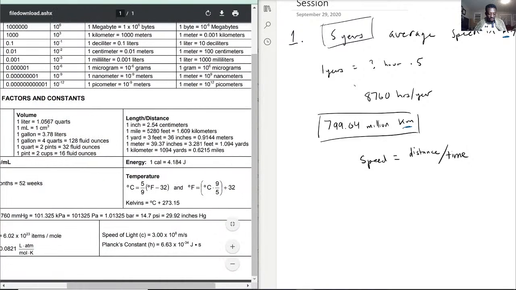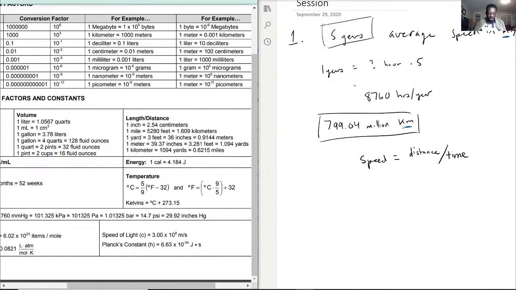So for length, 1 mile is 1.609 kilometers. Okay, so with that, we wanted to go from kilometers to miles. So the way I do it to keep my units, it's actually like this.